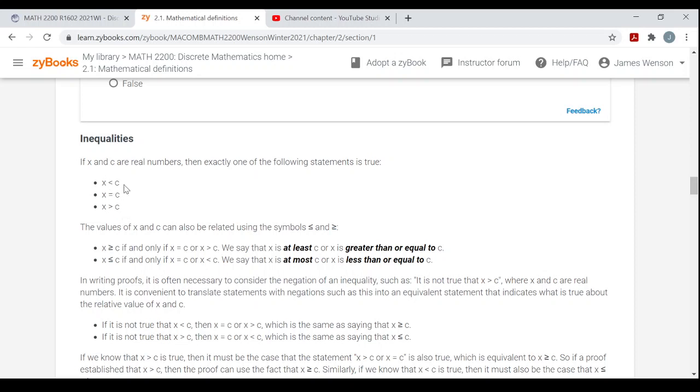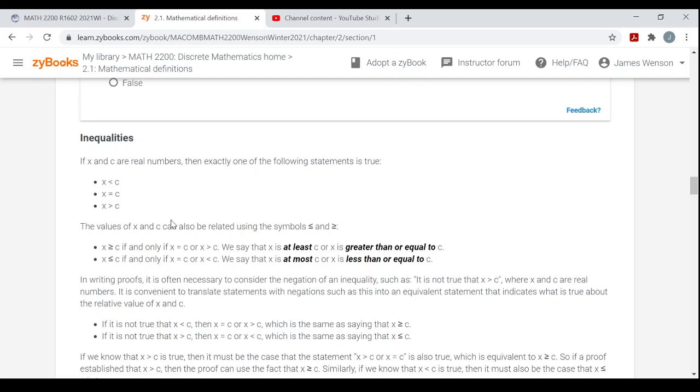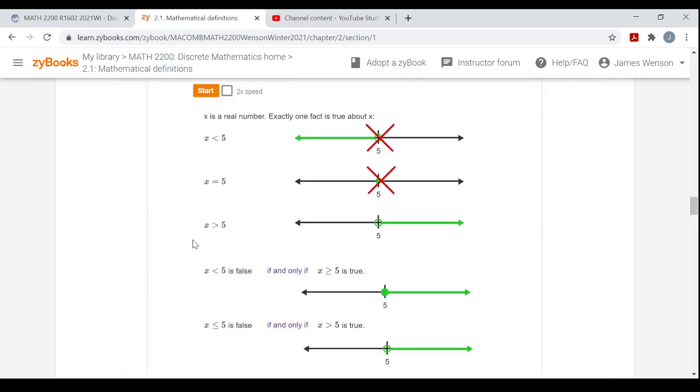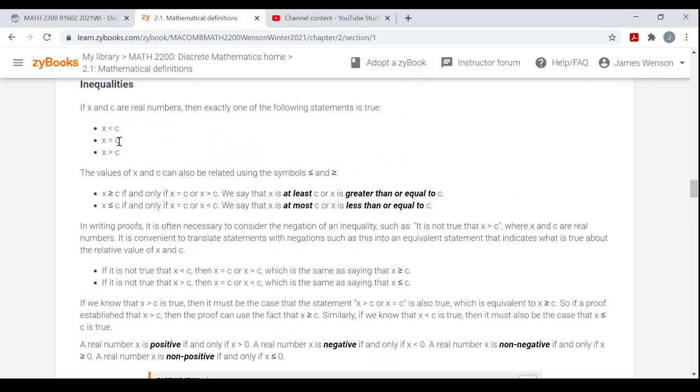So if x is less than 3 is false, then either x is equal to 3 or x is greater than 3. So the opposite of this would be: x is greater than or equal to 3. If x is greater than or equal to 3 is false, then x is greater than 3 is false and equal to 3 is false, so x is less than 3 must be true.